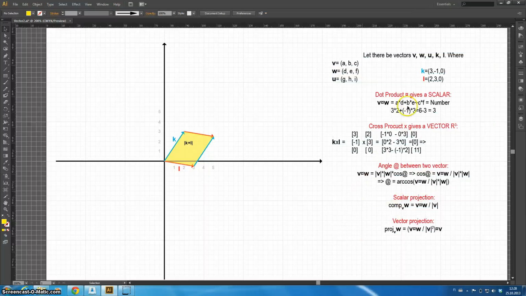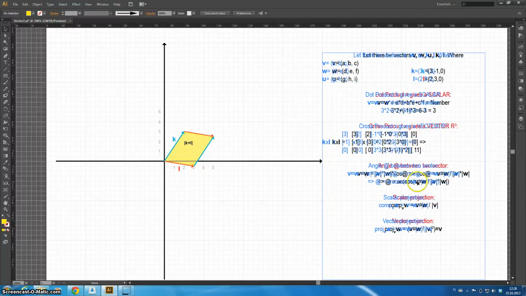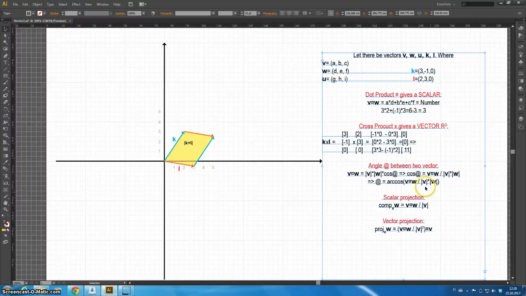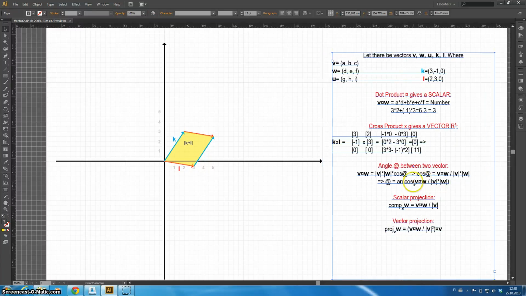And how can we do it? Because this one over here is a number, as we know from over there.